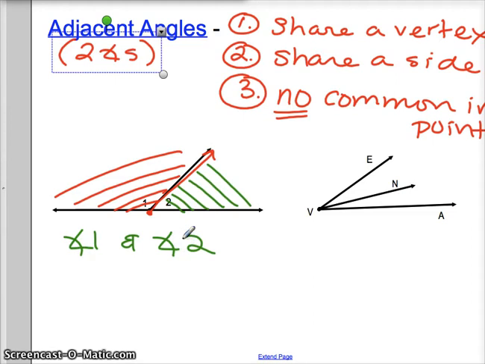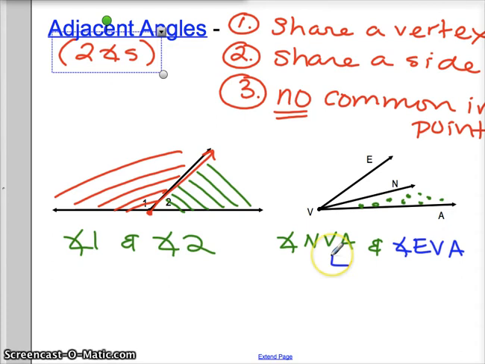If I come over here and look at a couple angles to the right, I'm going to put circles here, dots, to indicate the interior space of angle NVA. Notice I'm using 3 letters, making sure that middle letter is the vertex. And then I'm going to consider angle EVA.